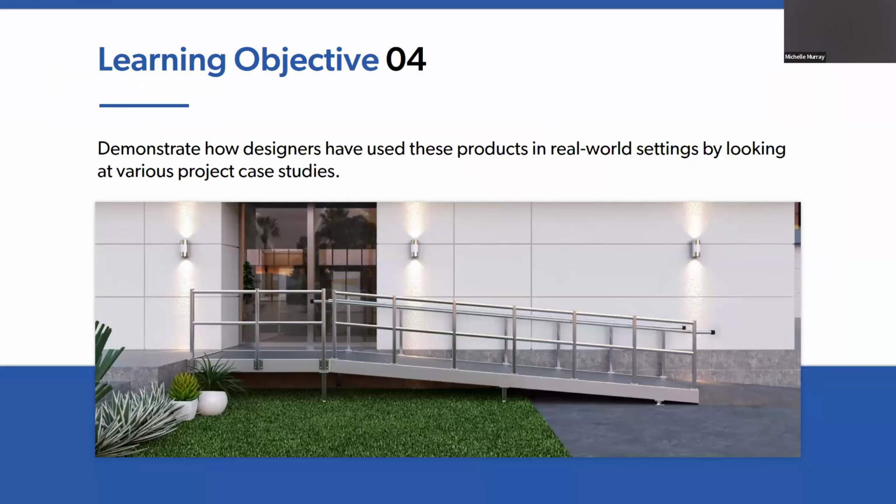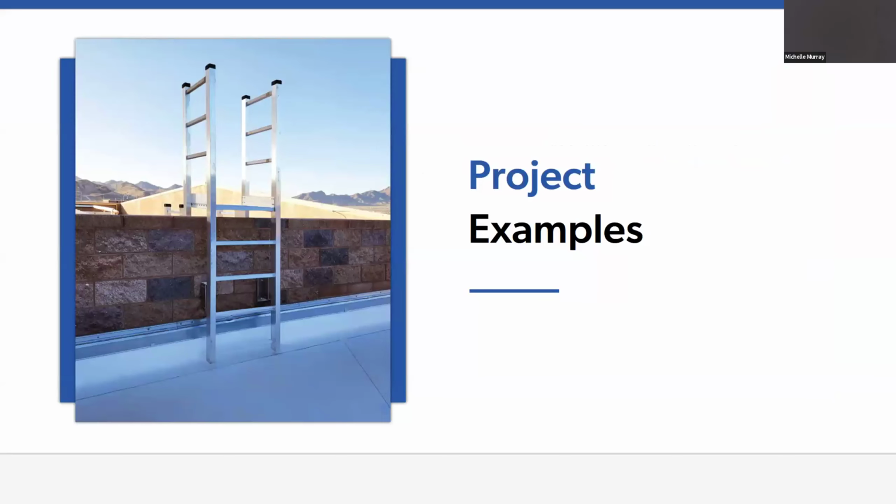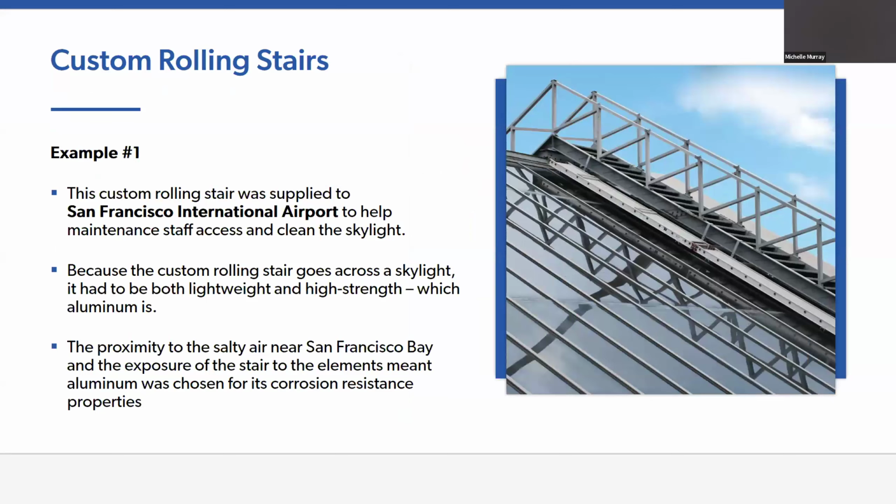And finally, we're going to look at some real world settings and some projects in our case studies. This is a custom rolling stair. It's installed at San Francisco International Airport.